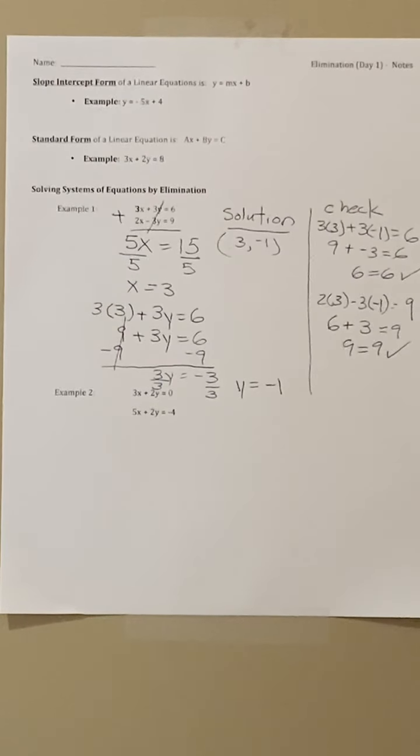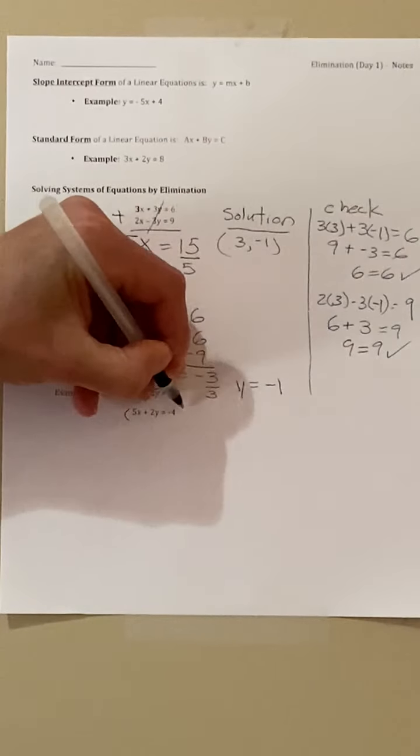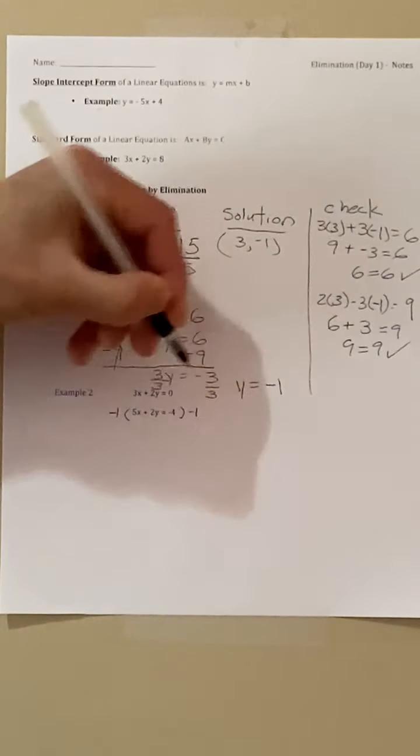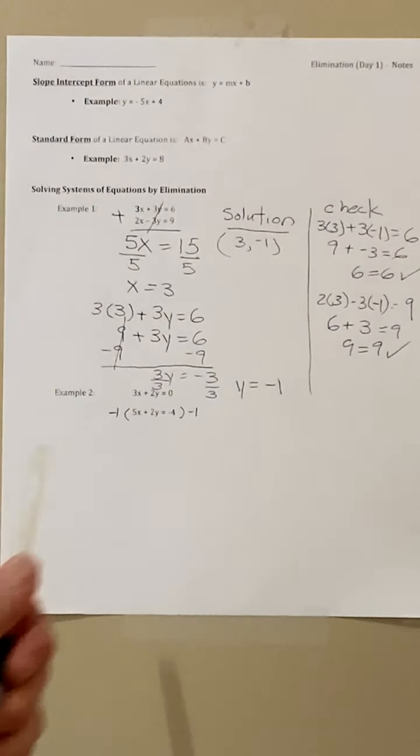But what I can do is multiply the equation through by a number so that it will cancel out. So I'm going to take the second equation and multiply this whole equation through by negative 1. And I have to do this on both sides of the equation. You're going to see why this allows me to cancel out a variable.